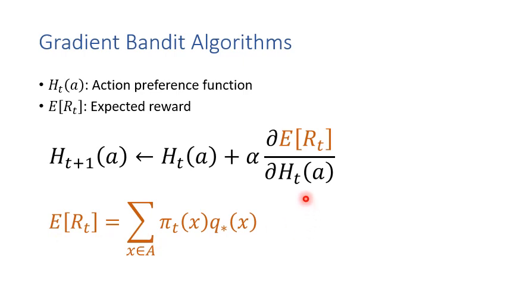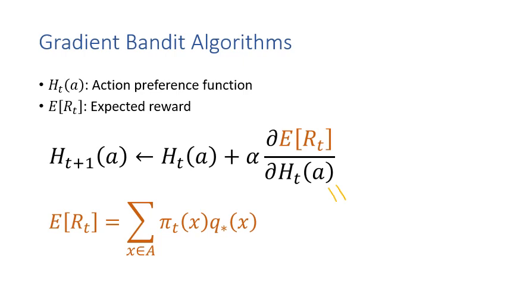So now the problem becomes how to calculate the partial derivative of the expected reward. Actually, the optimal value Q star has nothing to do with our action preference function, right? It's the optimal function.